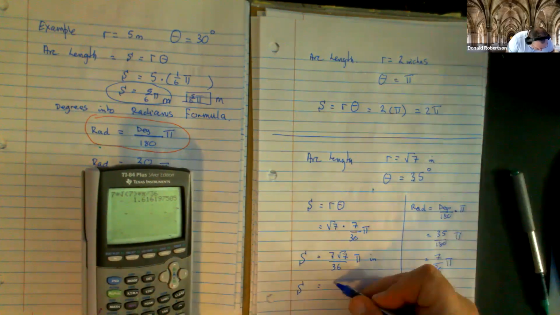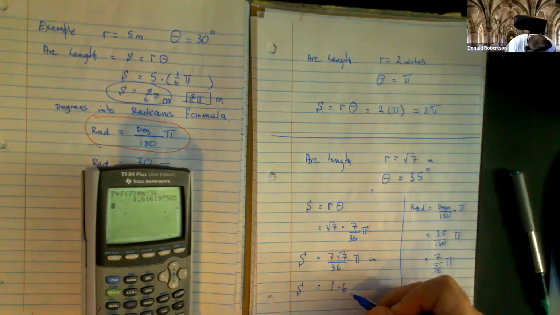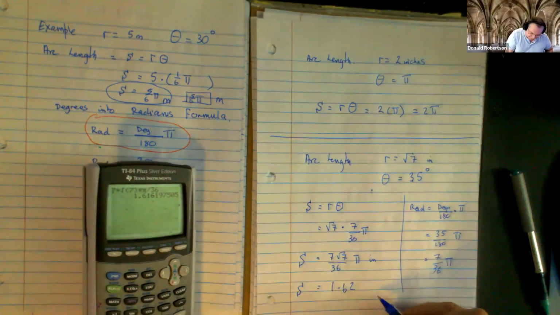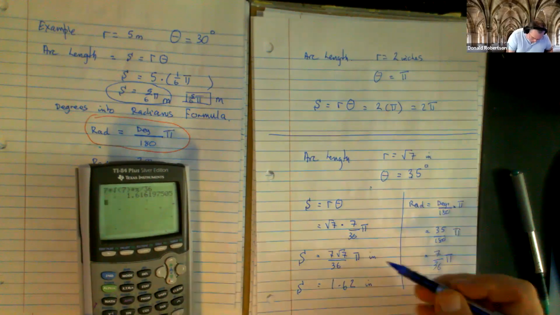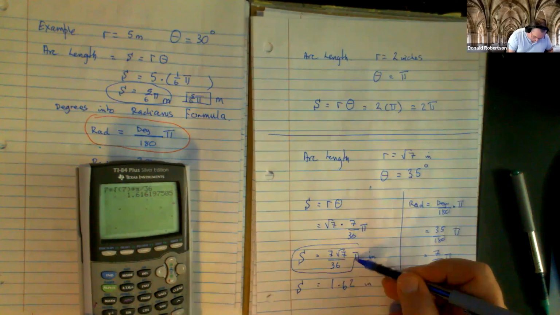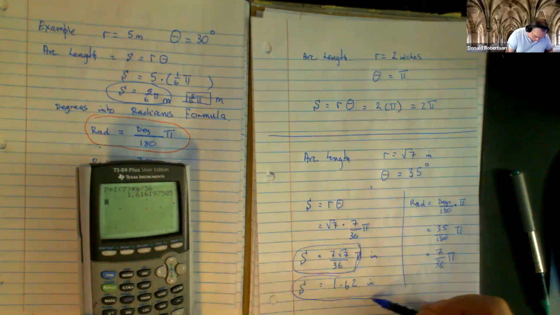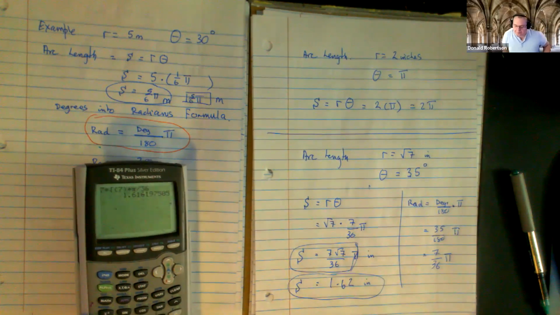And to 2 decimal places, it would be 1.62, because you would round up. So if they don't mention anything, they want that answer. If they say to 2 decimal places, they want that answer.